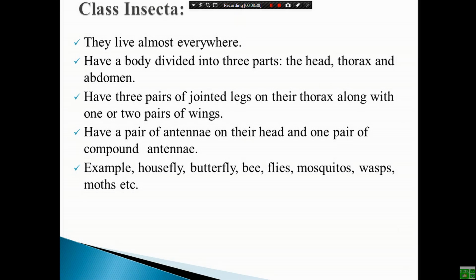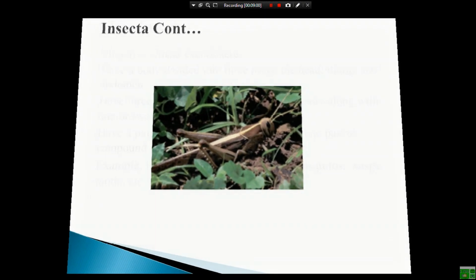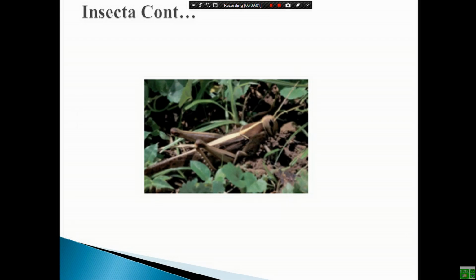They have a pair of antennae on their head and 1 pair of compound eyes. Examples of this class are housefly, butterfly, bees, flies, mosquitoes, wasps, moths, etc. This is class Insecta.